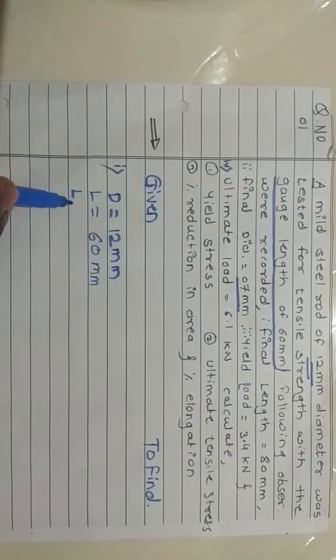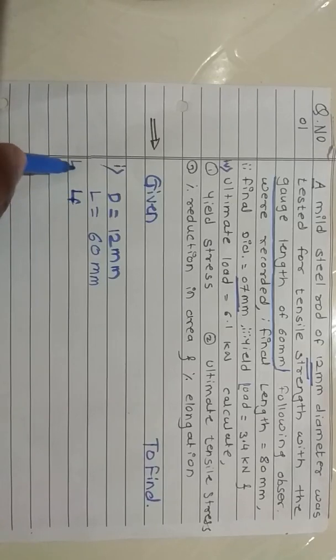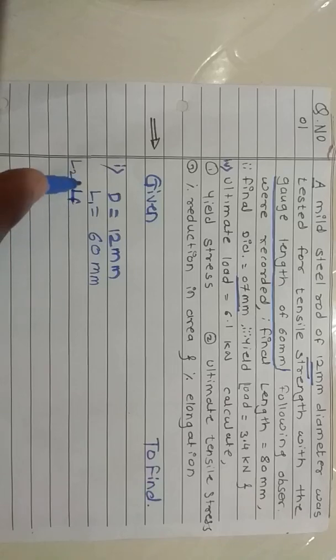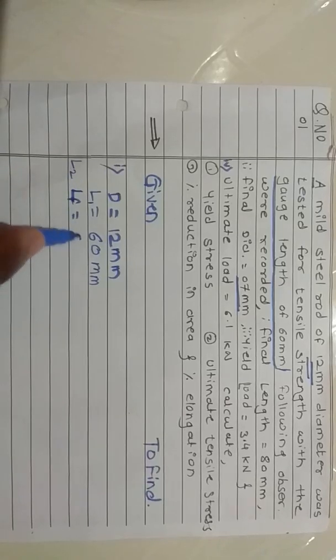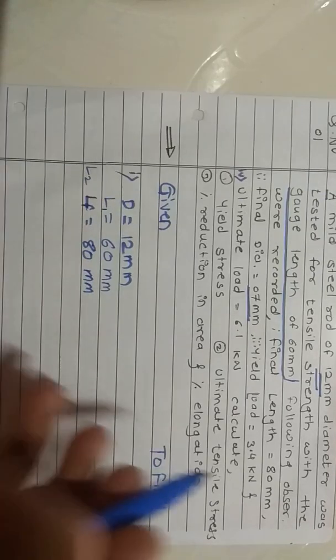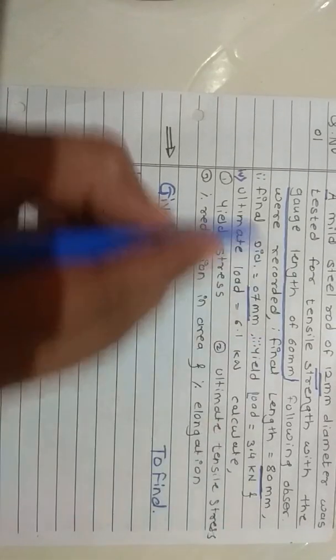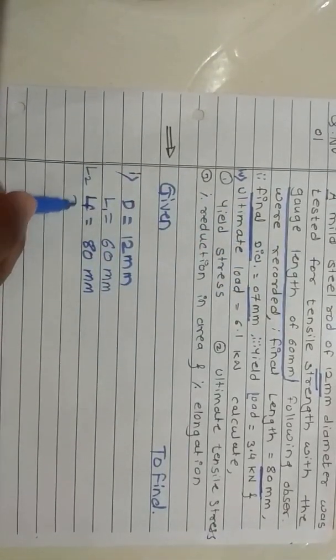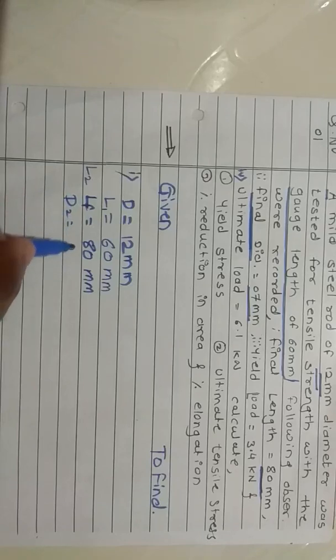Final length, we can write L suffix f, that is final, and L for length, or we can write it as L2, and this L as L1, is equal to 80 mm. After that, the next reading is final diameter, that is D2 is equal to 7 mm.